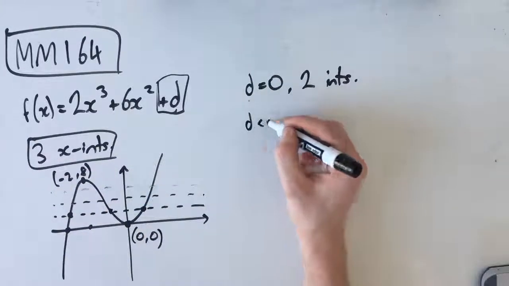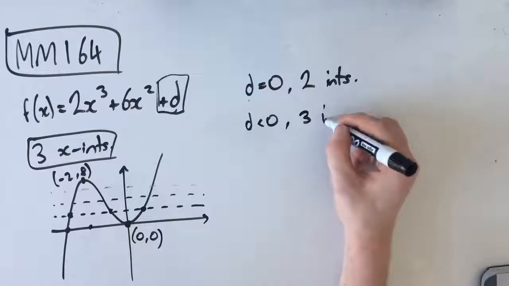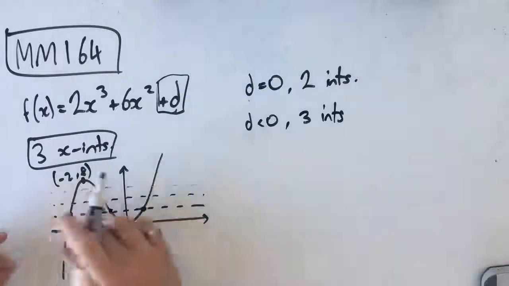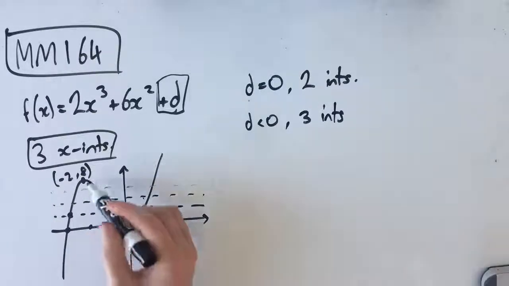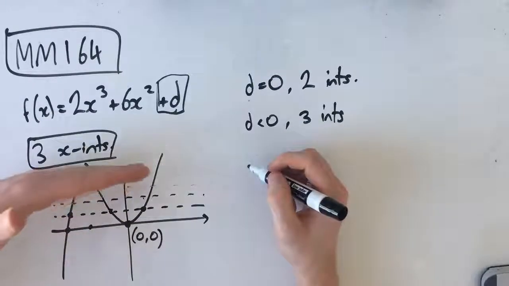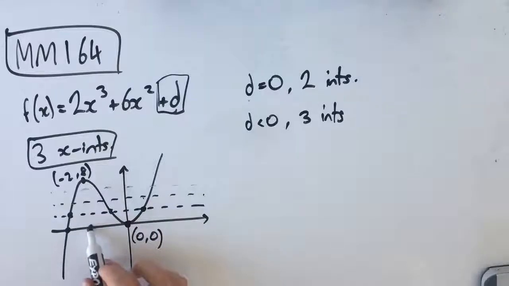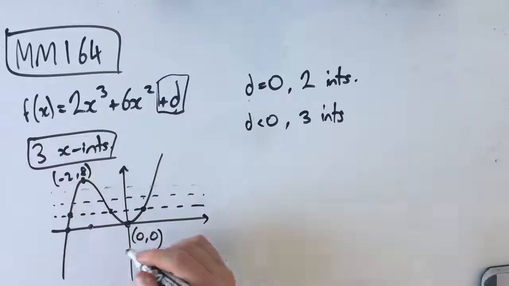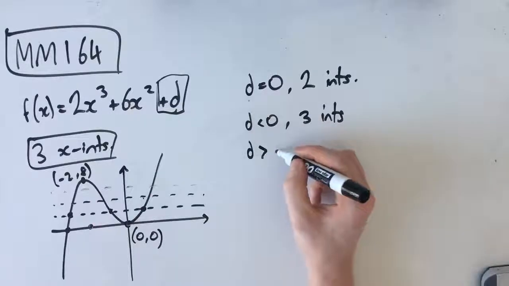So d is less than 0, we have three intercepts, right? But d cannot be less than -8, because if we take it down -8, then we're only going to have 1 here and 1 here, which means it no longer fits our description, which means that d has to be greater than -8.